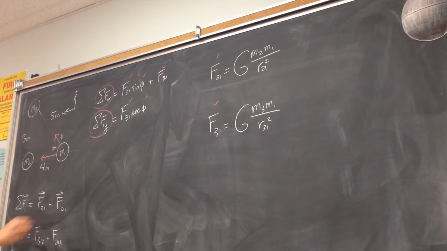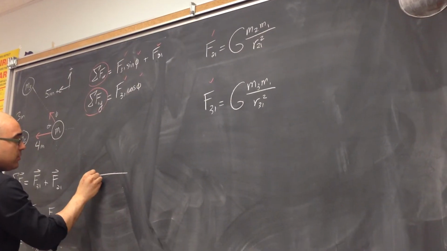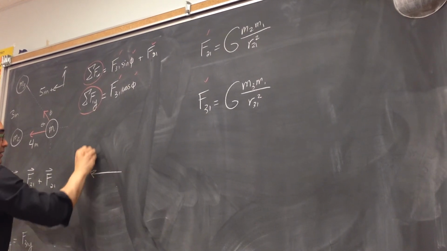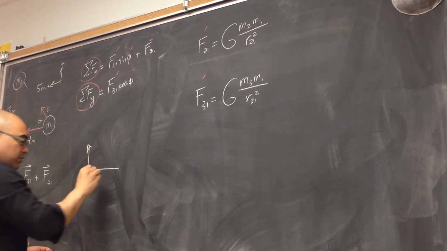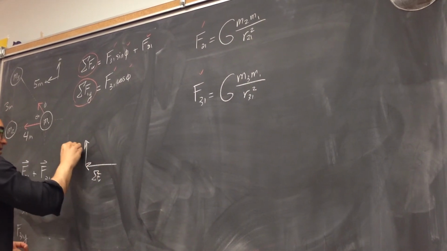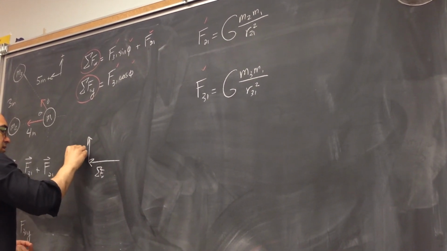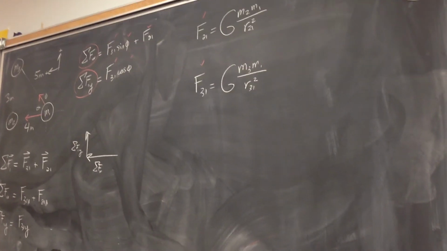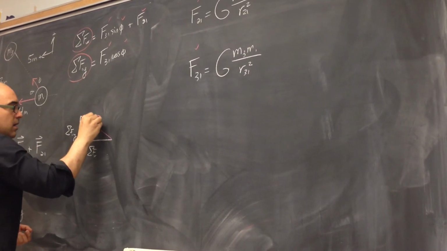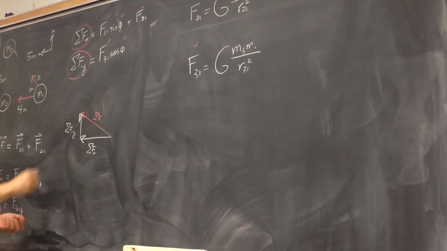So Fx is going to look like this. The sum of the forces in the x. The sum of the forces in the y is going to look like that. So this would be F1x. So the sum of the forces in the y there. And our resultant vector will be the net force.